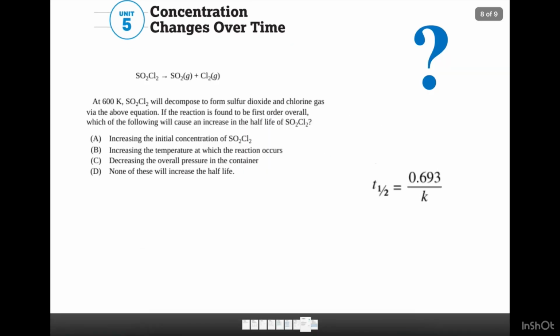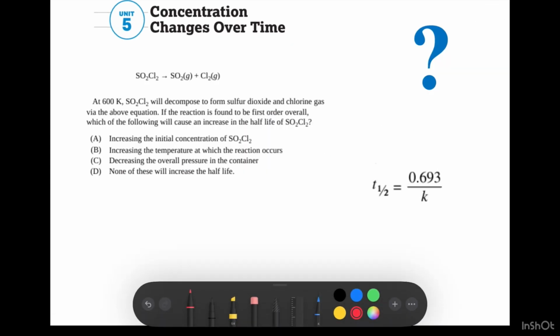Let's practice this question. The question says, at 600 Kelvin, this compound will decompose to form sulfur dioxide and chlorine gas via the above equation. If the reaction is found to be first order overall, which of the following will cause an increase in the half-life?